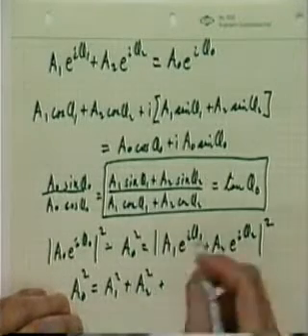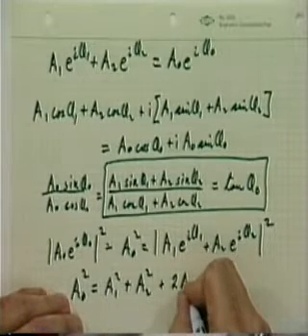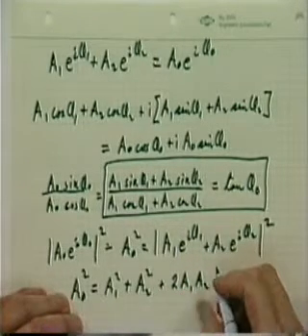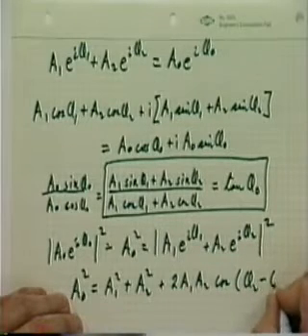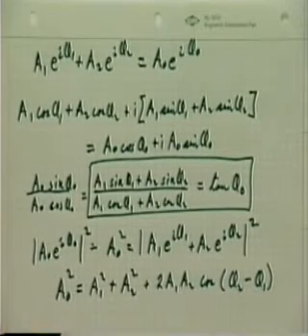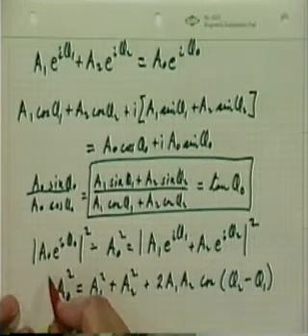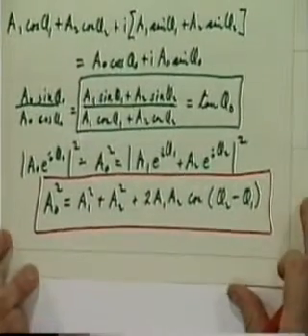And so when we do all that, that's going to become 2 A1 A2 cosine of phi 2 minus phi 1. I'll draw a big red box around that. Put it up here.